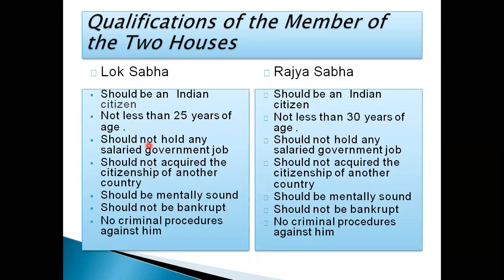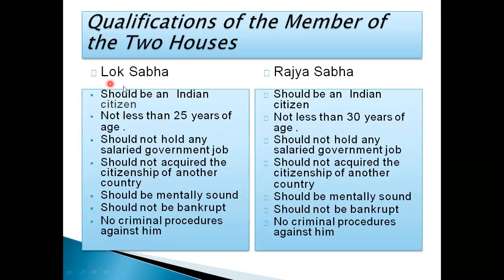What is the meaning of universal adult franchise voting system? One who completes the age of 18 is eligible for voting. That is called the universal adult franchise voting system. What qualifications are required for the position of members of the two houses, Lok Sabha and Rajya Sabha?